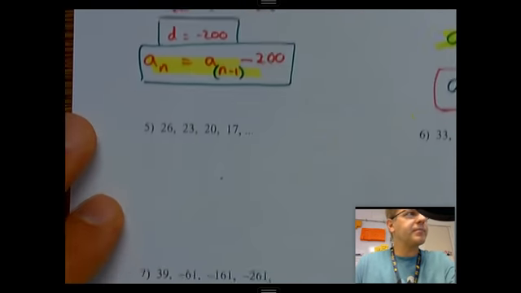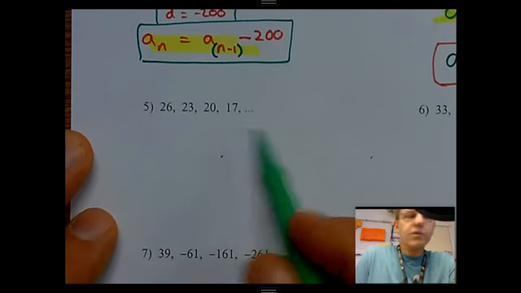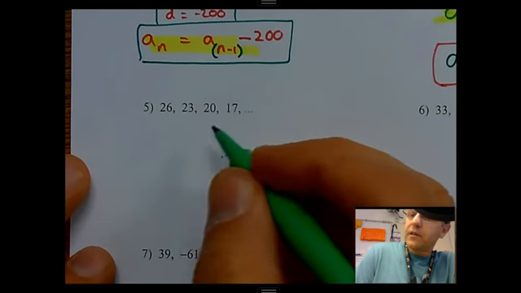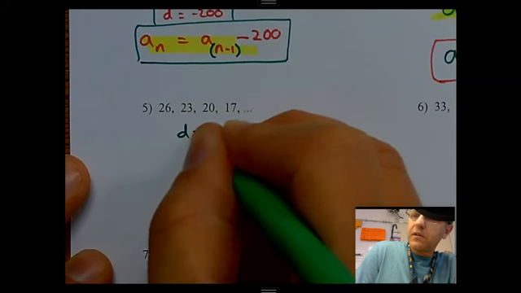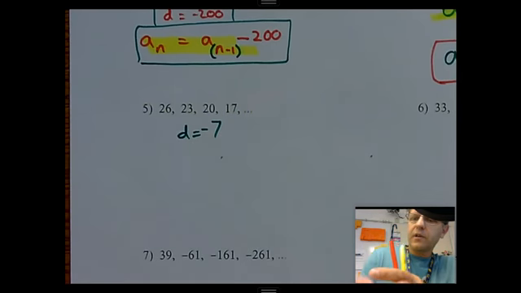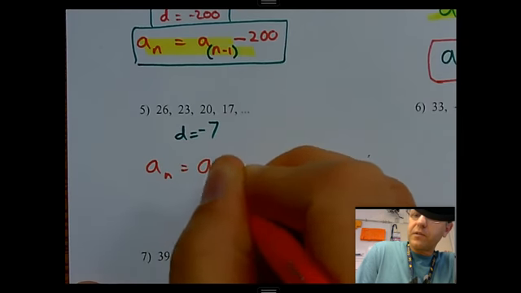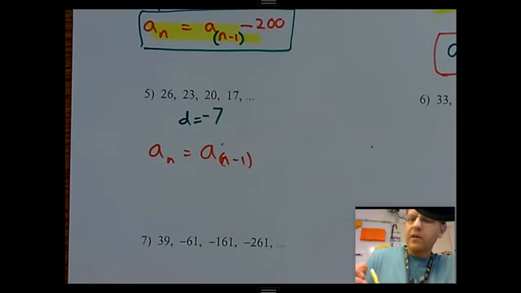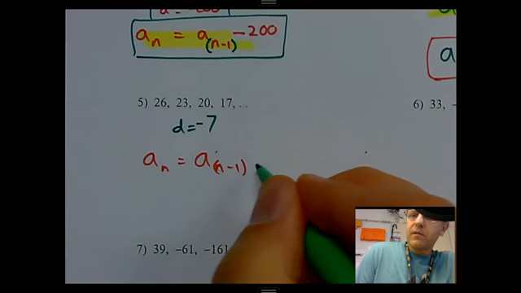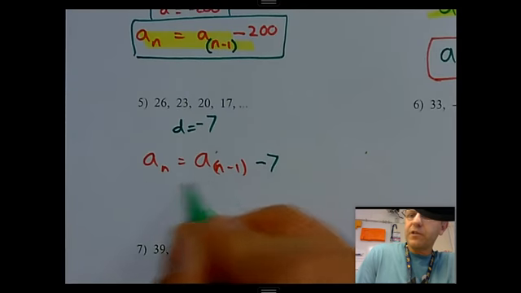How about this one? This one I think is subtracting 7, just like the last one. So our a sub n is equal to a sub n minus 1, but then put your minus 7 on there, because that's what you do every time.